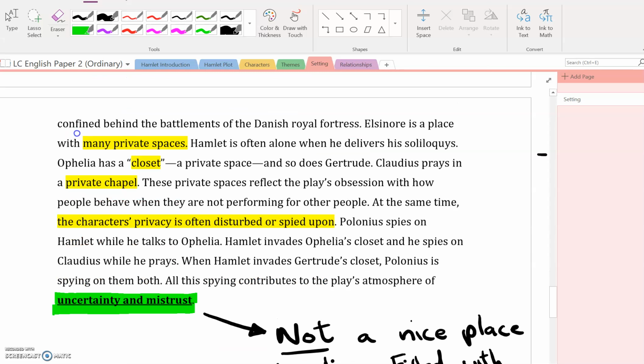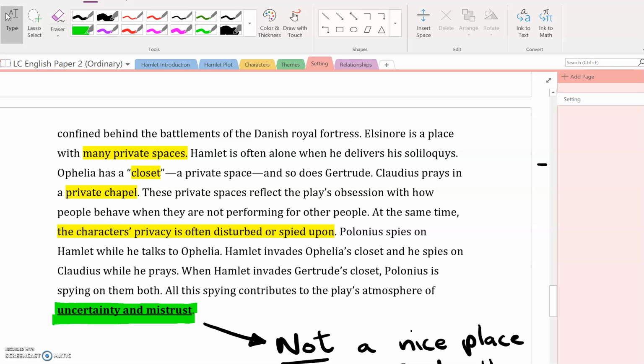What else can we say about the physical building? It has lots of private spaces, and these come in very handy because it enables characters to talk out loud, to think out loud, to say soliloquies, as we call them. They think they're doing so privately, but of course many of these soliloquies are being listened in on.